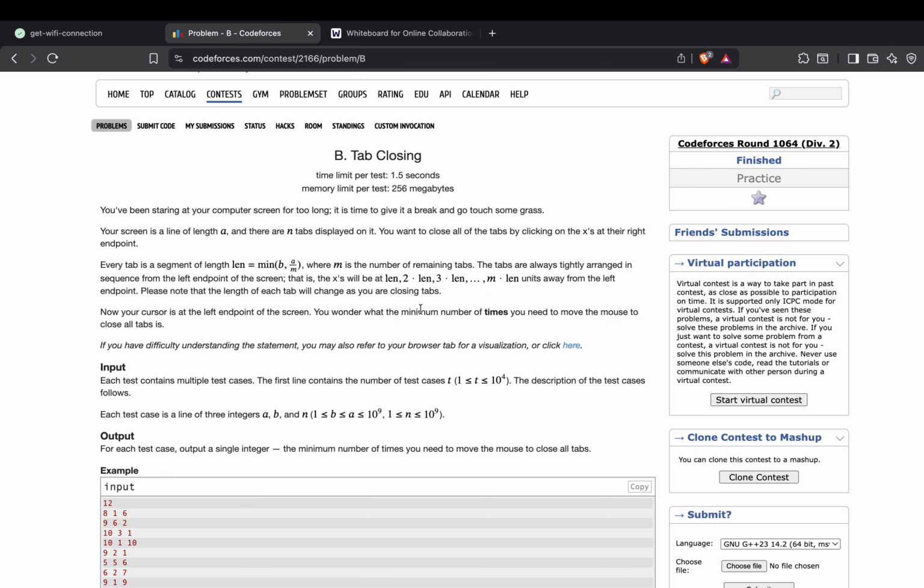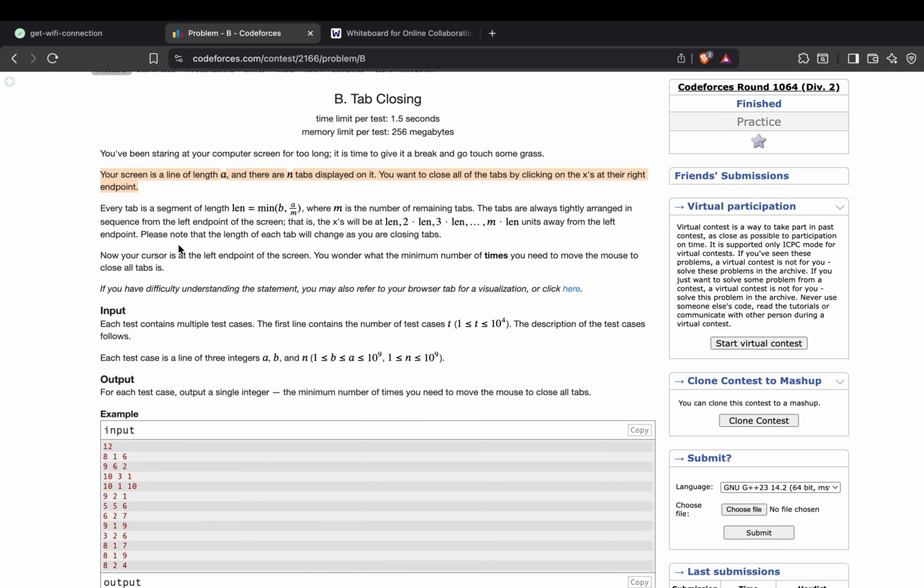You have been staring at your computer screen for too long. It is time to give it a break and go touch some grass. Your screen is a line of length A and there are n tabs displayed on it. You want to close all the tabs by clicking on X at the right endpoint. Each tab is a segment of length.